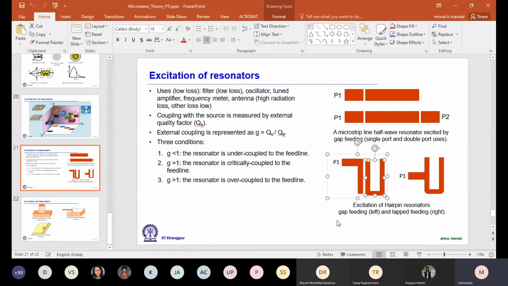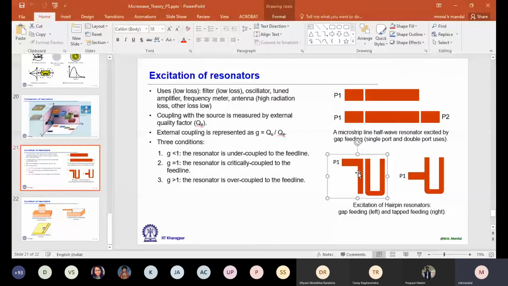Obviously this arrangement will provide higher coupling. What about Q external? Coupling is increasing, so the resonator will lose more power into the feed line. So loss is increasing for the resonator, and Q external decreases. So for this top figure, Q external is higher compared to this second figure.